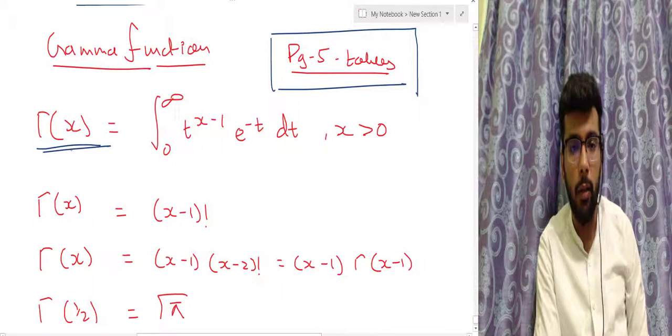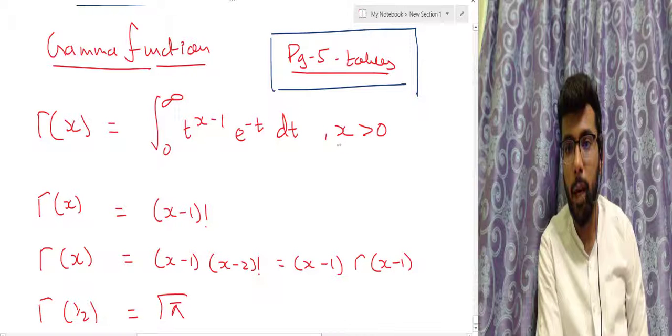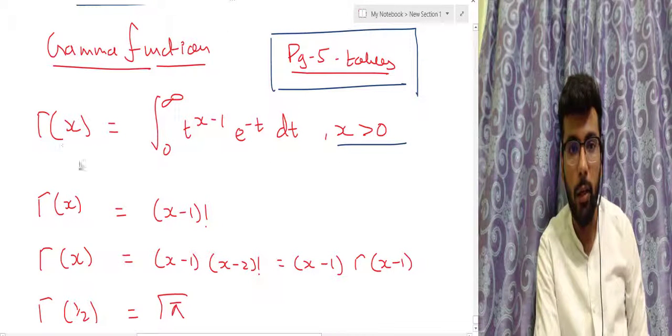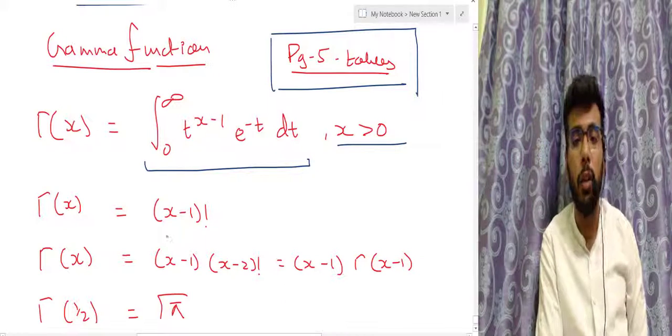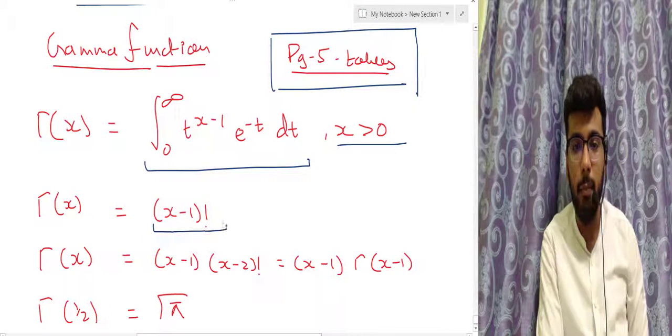Gamma of x is basically the integral from 0 to infinity of t to the power of x minus 1 times e to the power of minus t dt, where t is the variable of integration and x is greater than 0. It can also be represented as x minus 1 factorial.